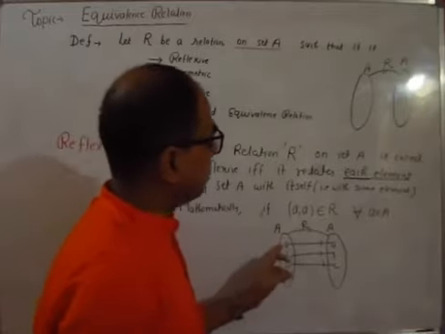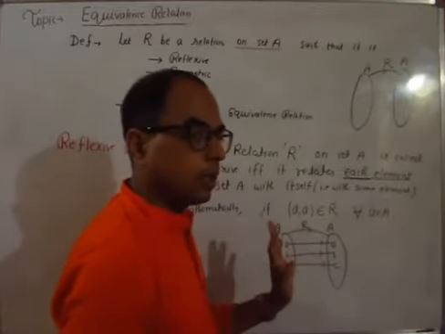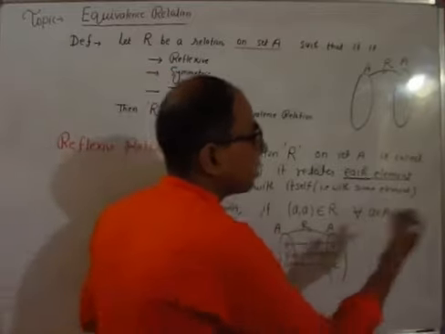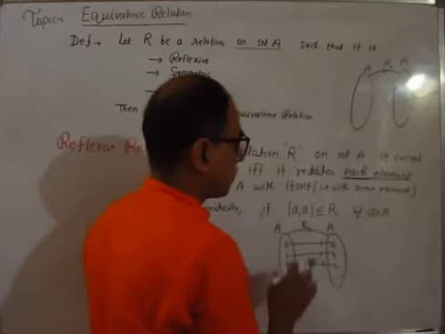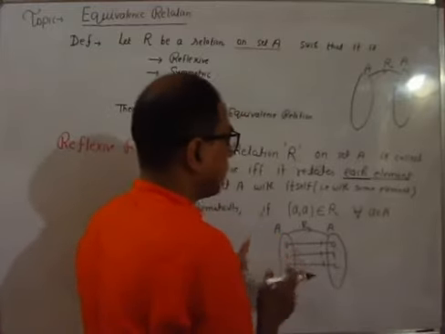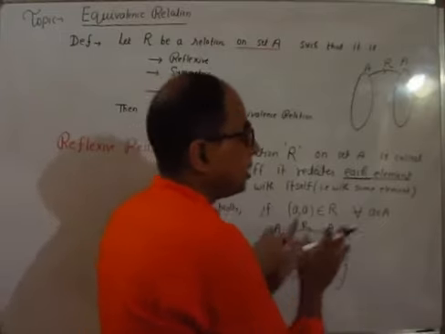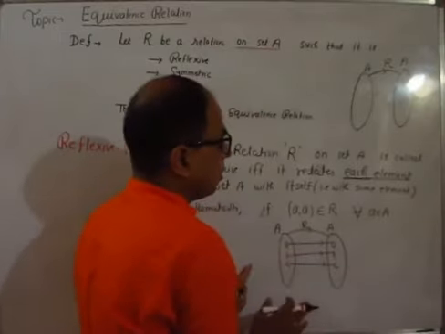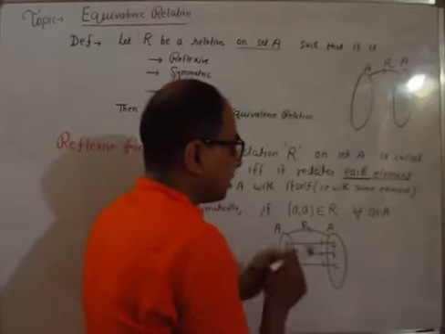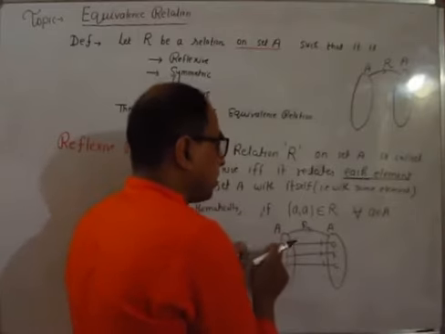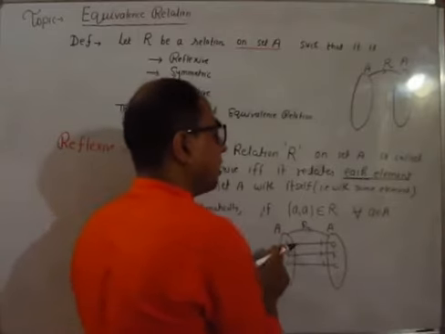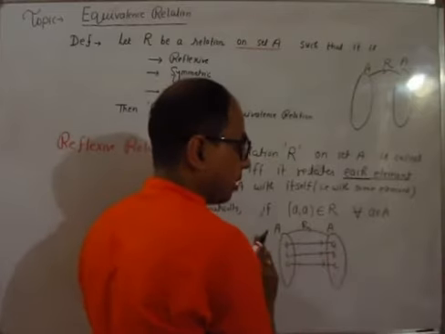That means each element should be related with itself. Now a may be related with any other element also, but the necessary condition is that each element should be related with itself, clear?